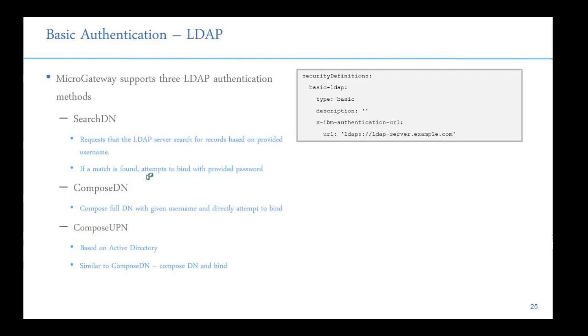It's very straightforward. And then finally is compose UPN, and this is what Active Directory does, how you would interact with Active Directory. Like I mentioned, it's similar to compose DN. You will have a format for the UPN, the user principal name.